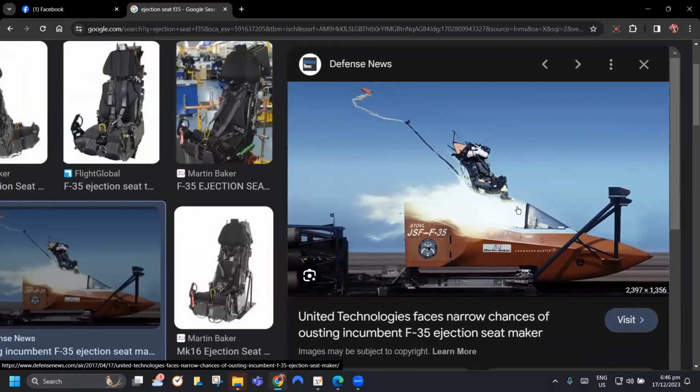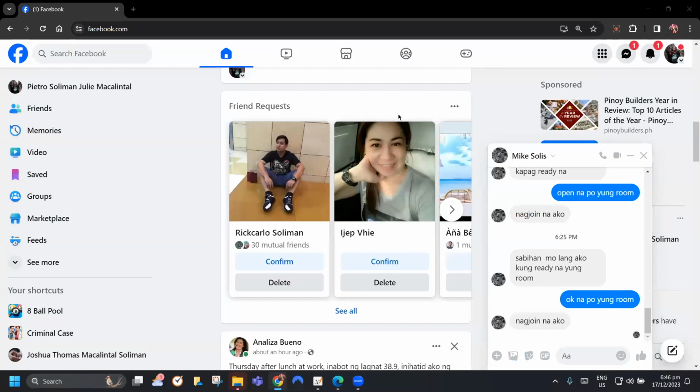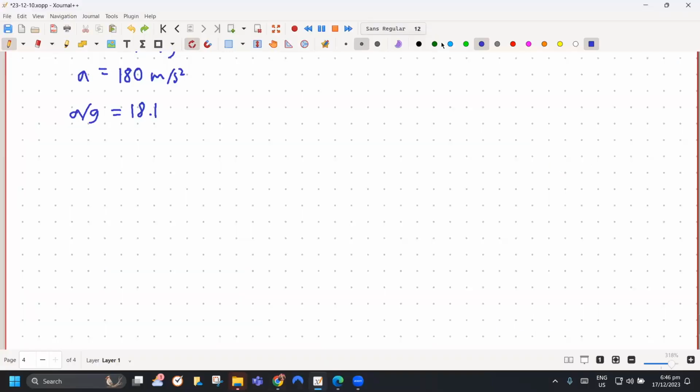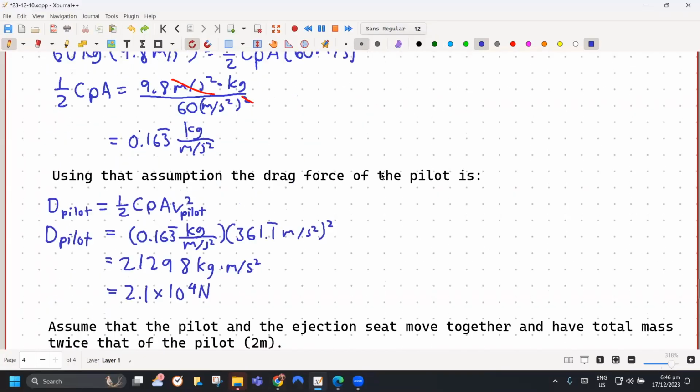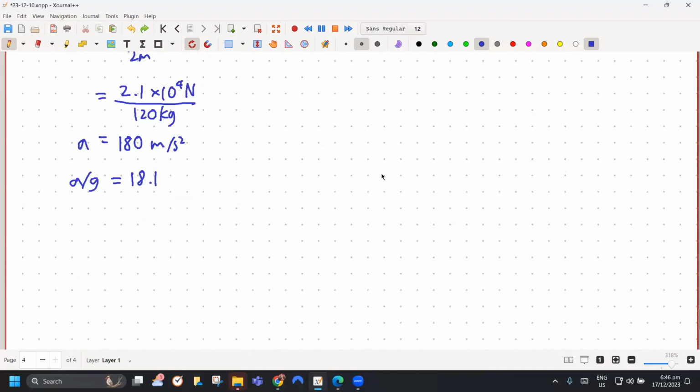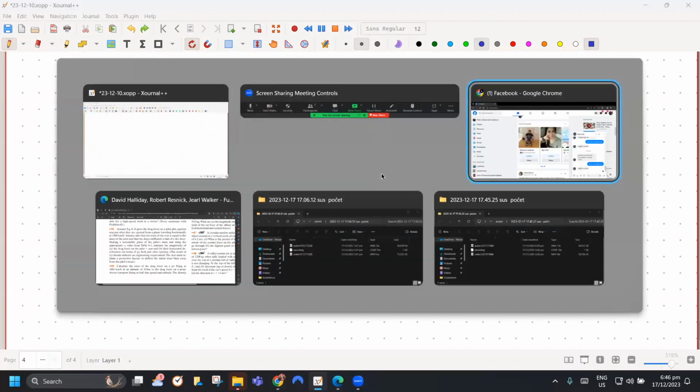Where's the deflection of the wind blast? There it is, so it's real. Okay, 39, let's go to number 39.